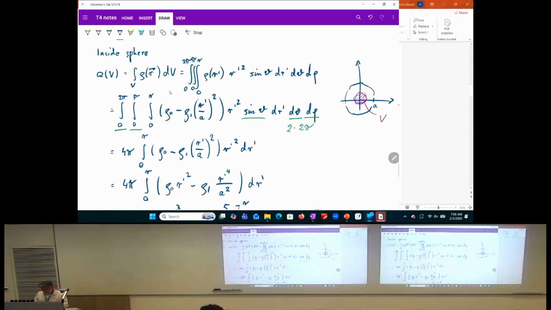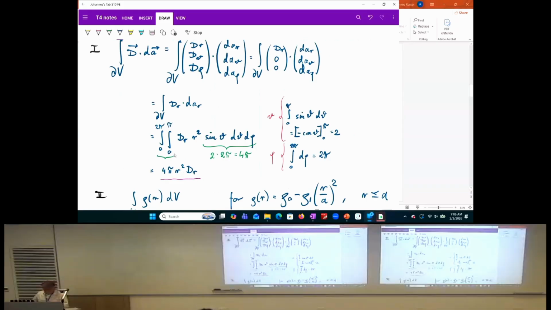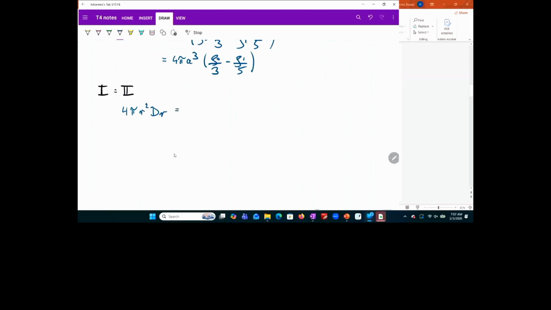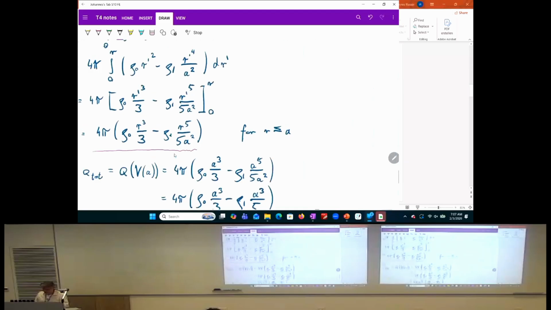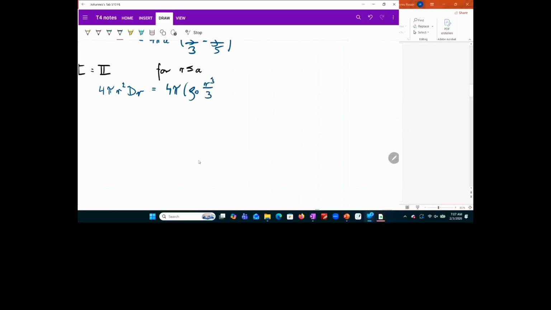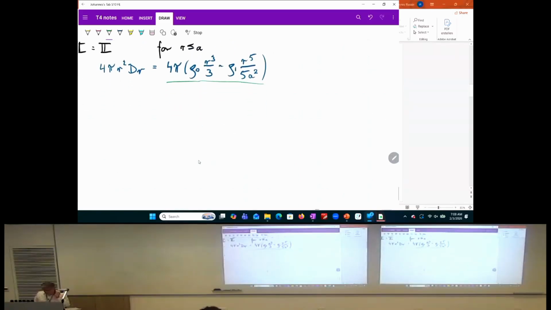So the left-hand part, that was this 4 pi r squared dr, is equal to, and now let's first assume the scenario where we have r smaller or equal to a, 4 pi rho 0 r to the power of 3 over 3 minus rho 1 r to the power of 5 over 5a square.